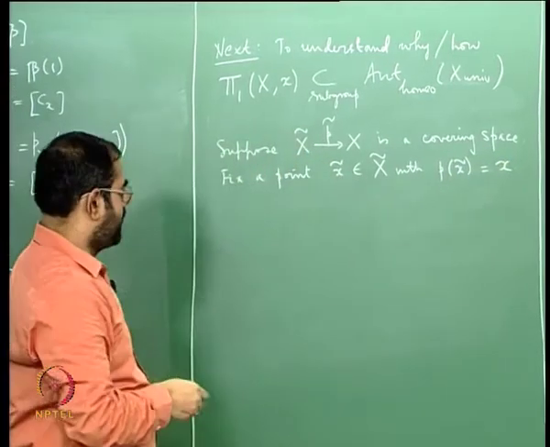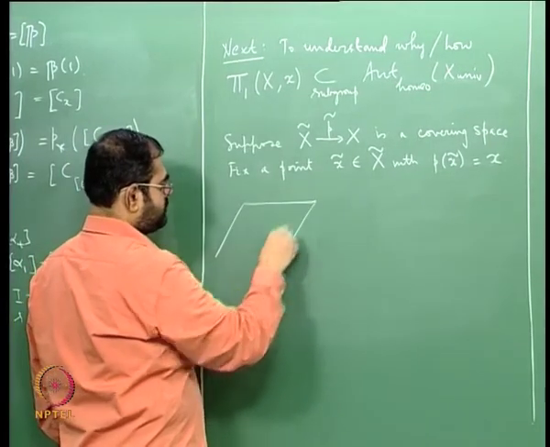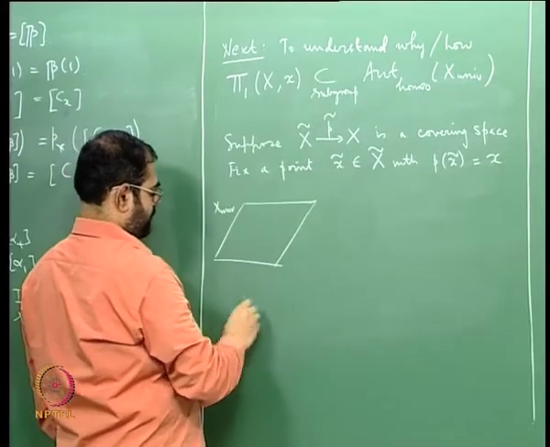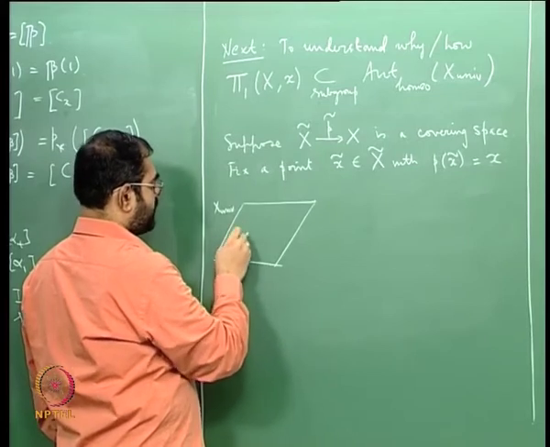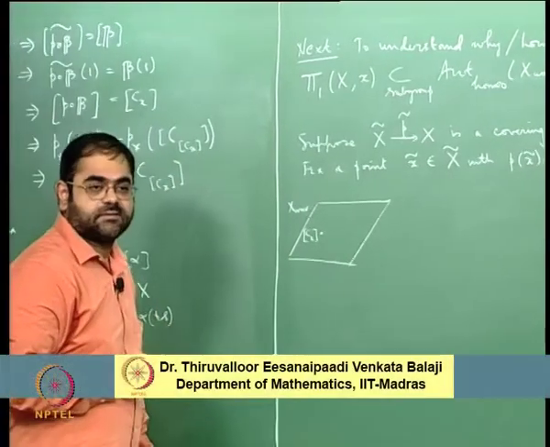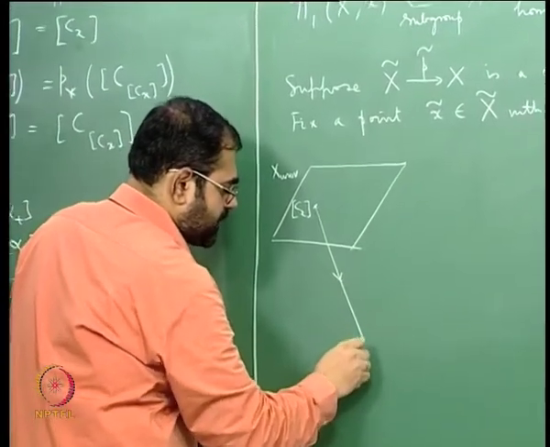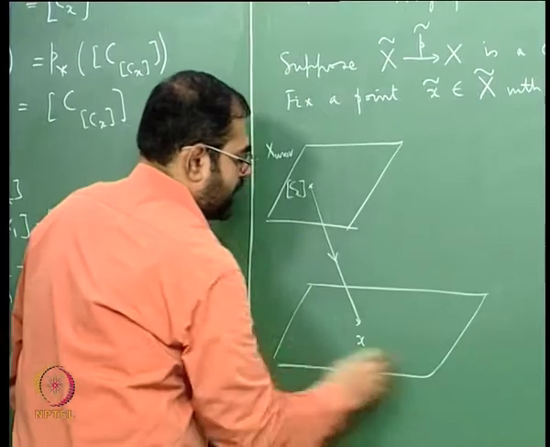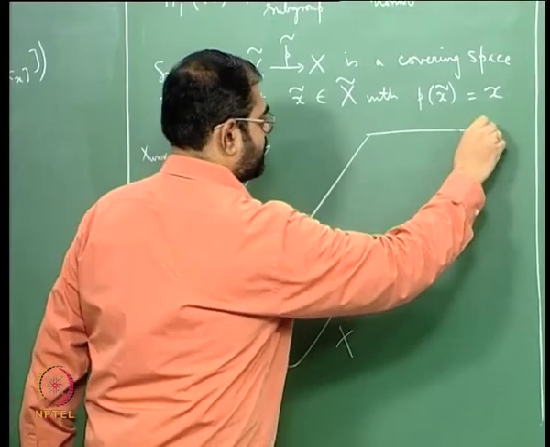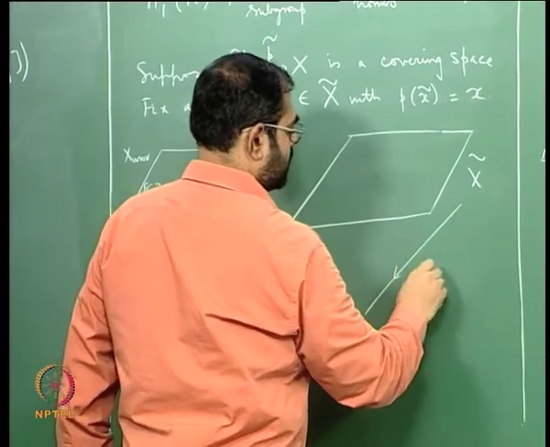Okay, so the situation is like this. So here is x sub univ. I fixed in x sub univ, of course I am going to take the natural point, namely the constant path at x, which lies above x, small x in capital X. Okay, and then there is another covering space x tilde given to me along with the covering map p tilde.